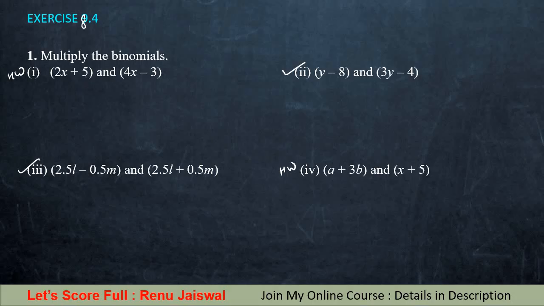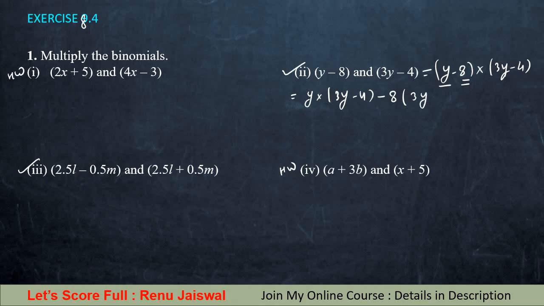Okay. So here I need to multiply y minus 8 with 3y minus 4. So again one by one terms and then copy the second bracket. So the answer will be y multiplied by 3y minus 4. And then the second term, that is minus 8 and then the second bracket. Here whether you write the sign of multiplication or not, it means the same, because when it's a bracket it means multiplication.